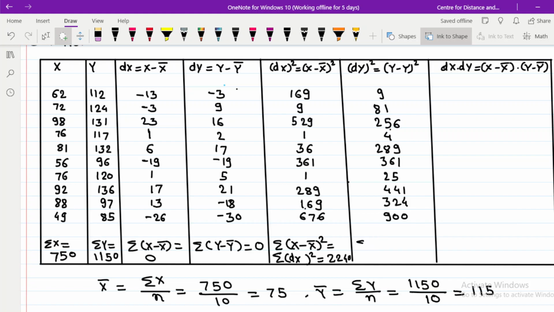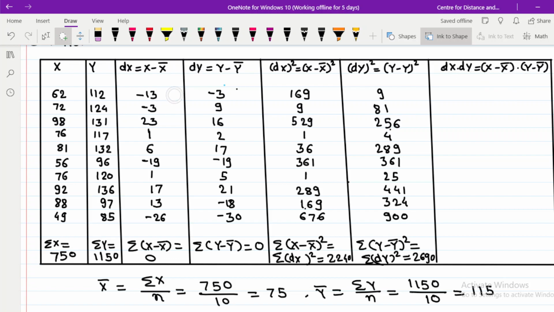Then here we write summation y minus y bar bracket square, which is equal to summation dy square, the sum of all these values, which is 2690.